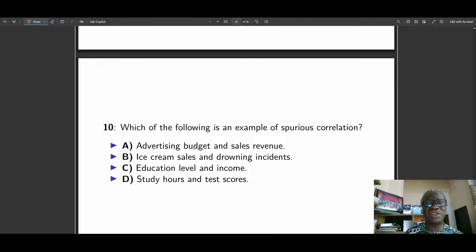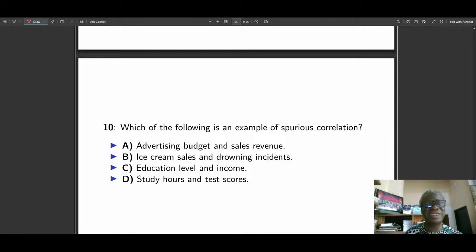Advertising budget and sales revenue. We expect that maybe there will be a relationship. Ice cream sales and drowning incidents, education level and income, study hours and test scores.